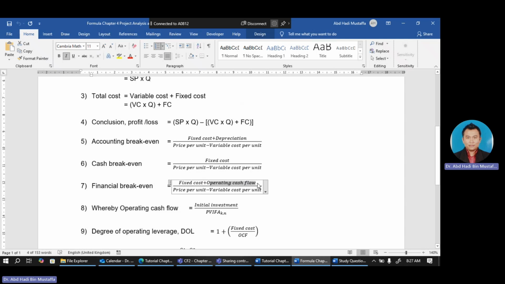And one of the common cash flows is operating cash flow, which is CFO. I tak tahu you ada belajar cash flow before in accounting? No, tak belajar. Okay, I think you will learn someday lah. So they include operating cash flow. So operating cash flow is initial investment divided by PVIFA.